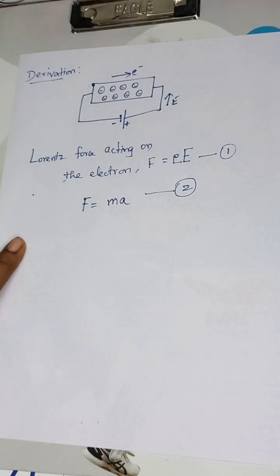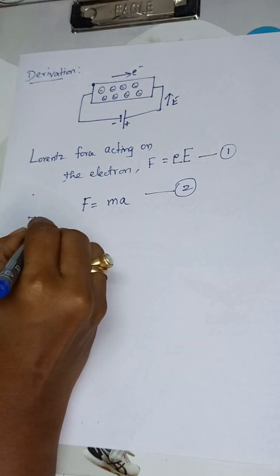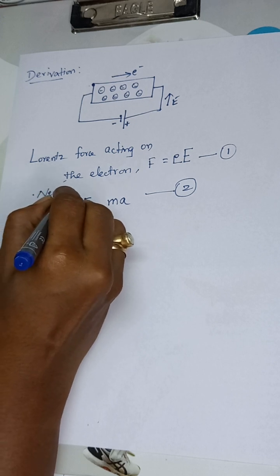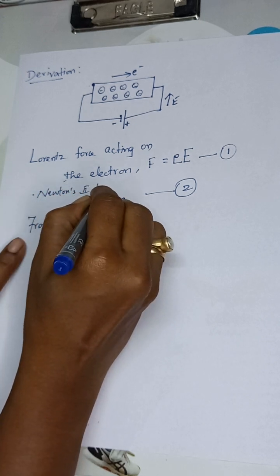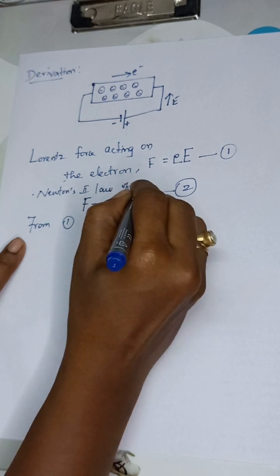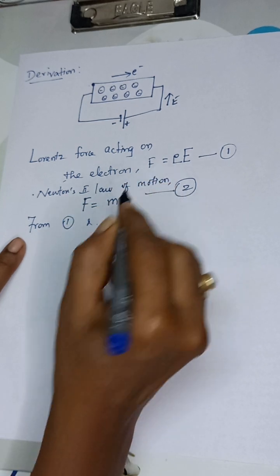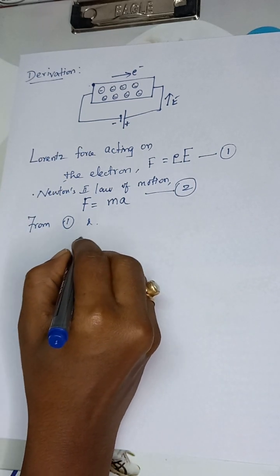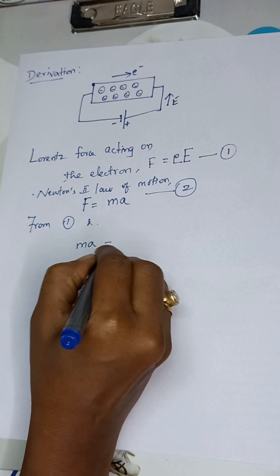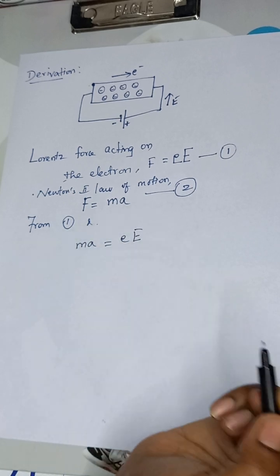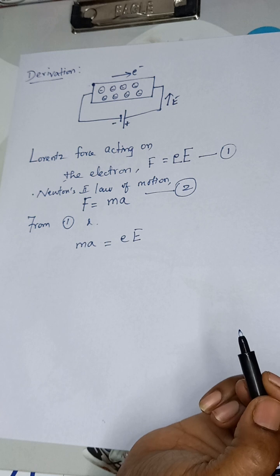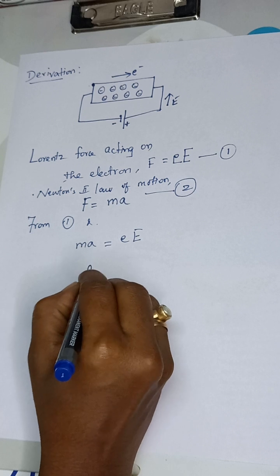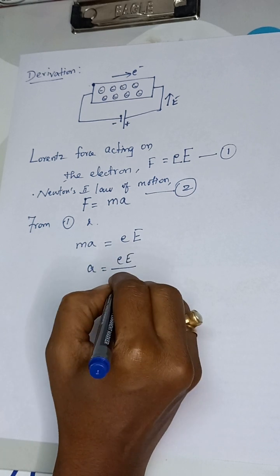Comparing equation 1 and 2, from Newton's second law of motion, we can write m a is equal to e into E. Both forces are equal and opposite. So a is equal to eE divided by m.